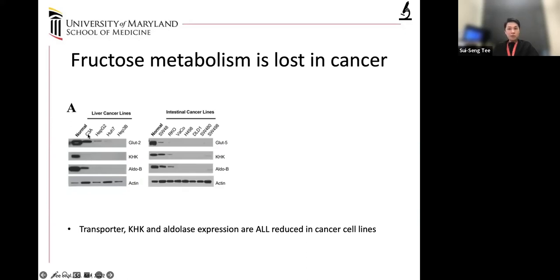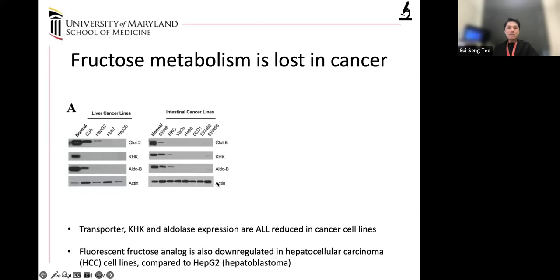C3A and HepG2 are hepatoma cell lines, so they are less aggressive, and they still retain some ability to break down fructose. But in HCC, the more aggressive hepatocellular carcinoma, the ability to break down fructose is almost completely gone. It's the same in the intestines, where intestinal cancer cell lines express much lower KHK compared to normal intestines.